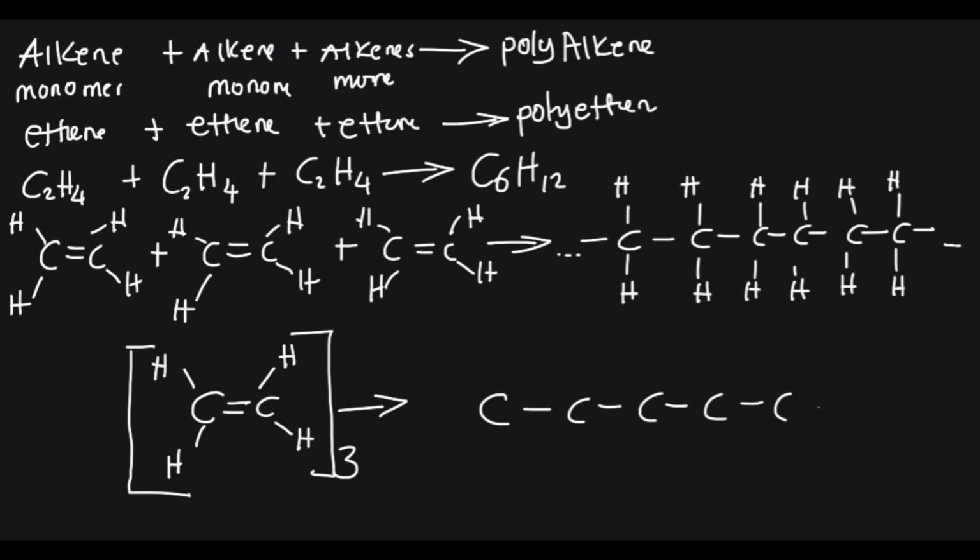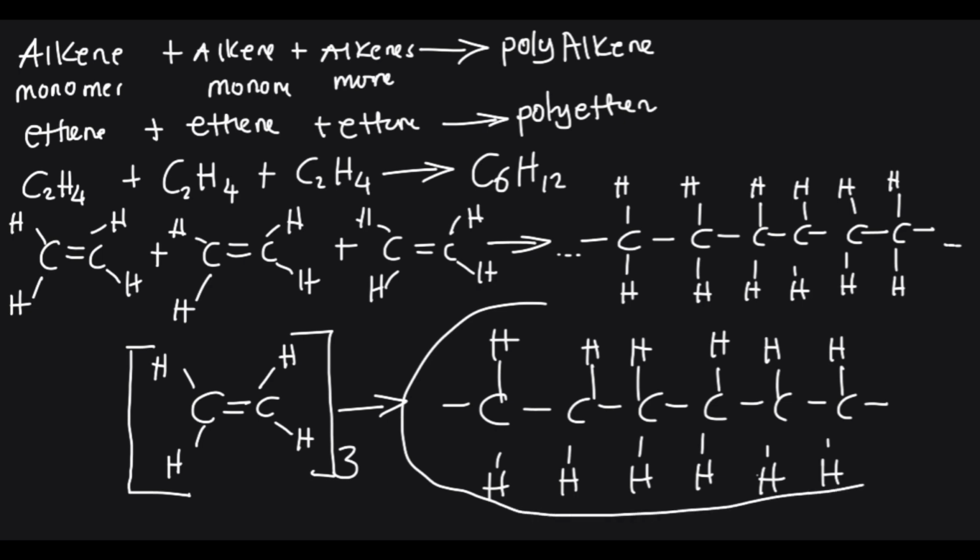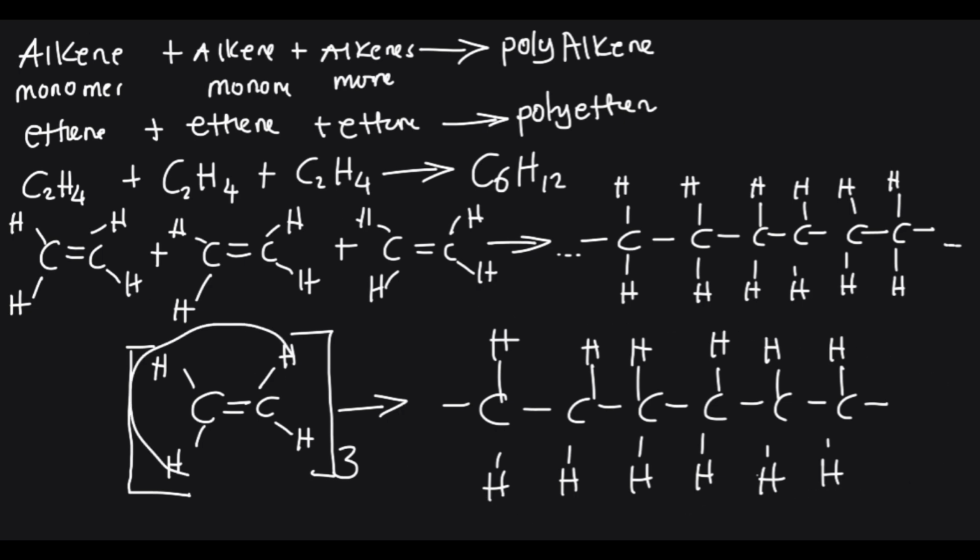We just wanted to show you what is happening here. This is how you can show addition polymerization. Polymerization is just the adding of smaller molecules to form a large molecule. So we can see that this is a large molecule formed from this small molecule.